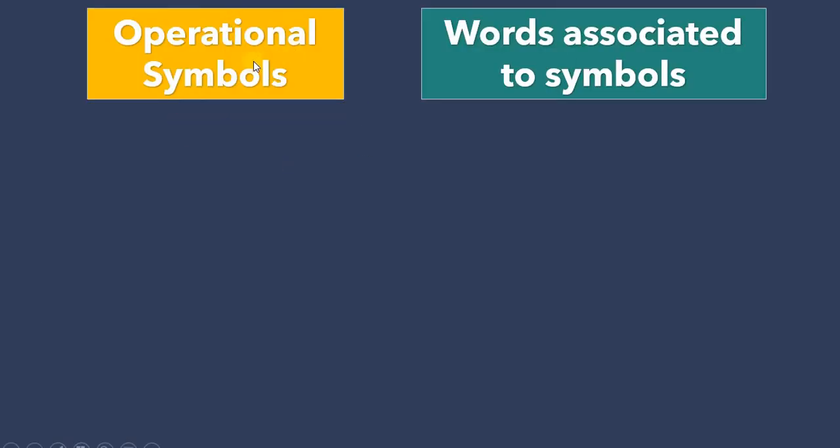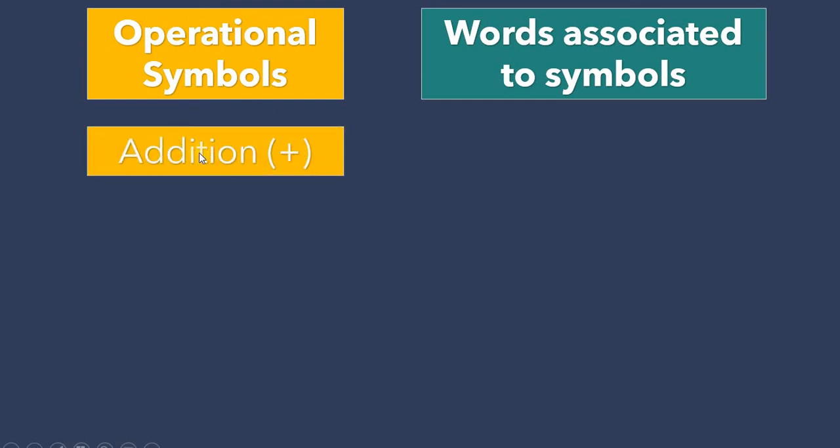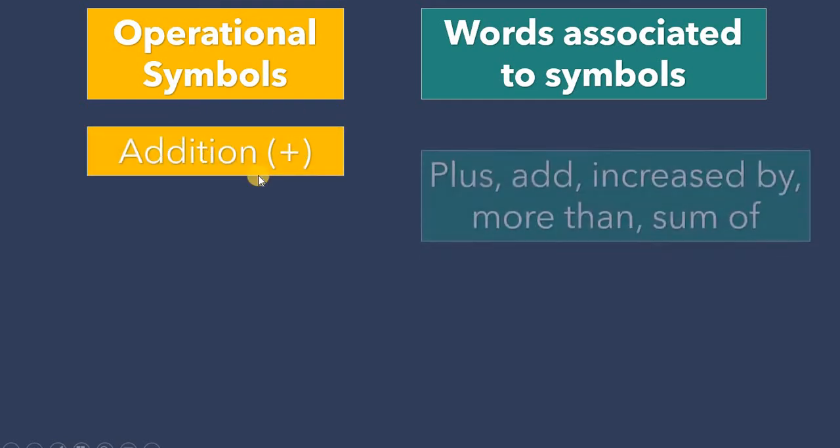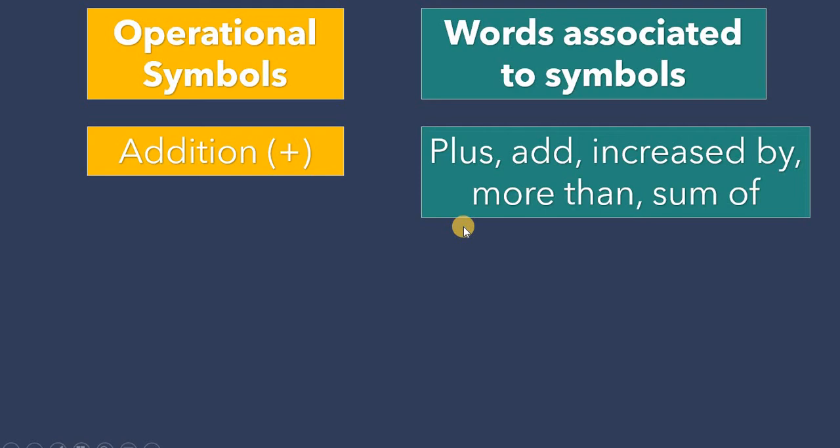We have here the operational symbols on the left side, and on the right side are the words associated to the symbols. First one, let's have for addition. So the words associated to it are plus, add, increased by, more than, sum of.